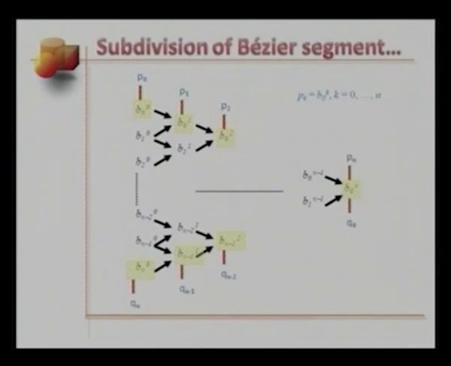But before that, we try to summarize this observation mathematically. P sub k is equal to B sub 0 super k for values of k going from 0 to n, and Q sub n minus k is equal to B sub n minus k super k, again k going from 0 to n.